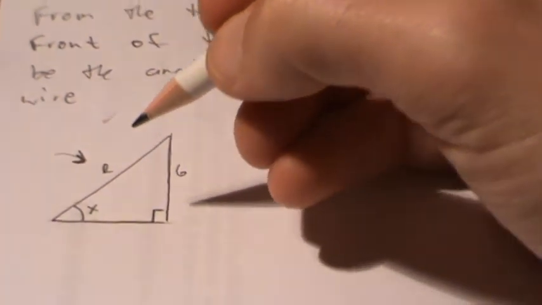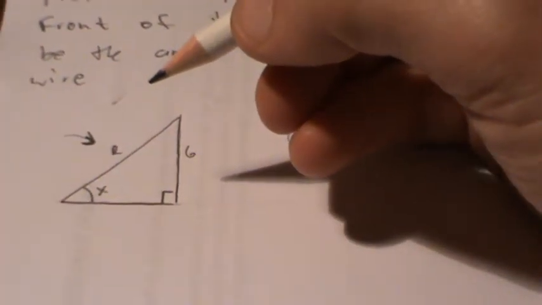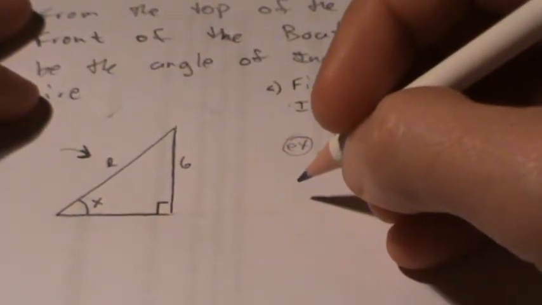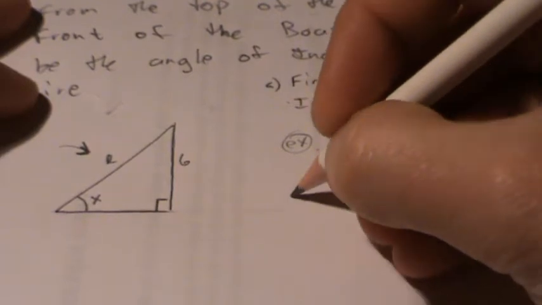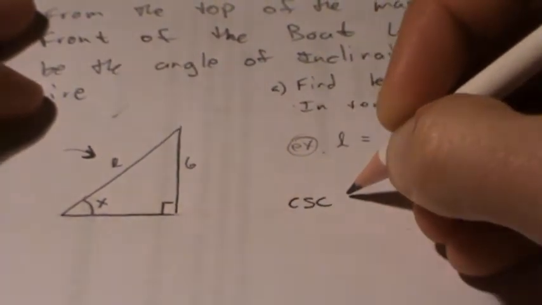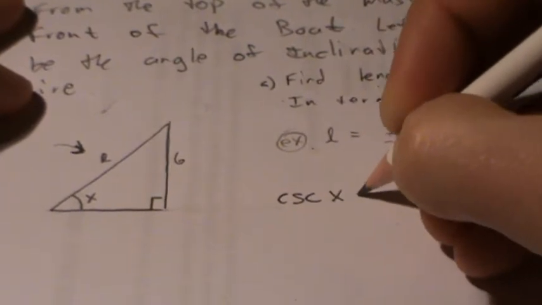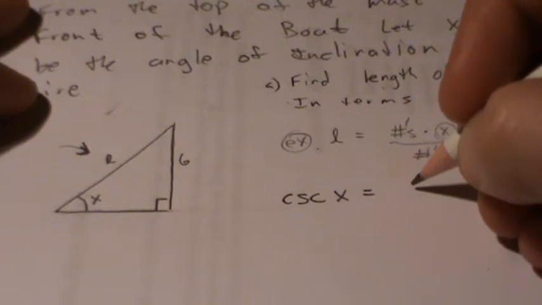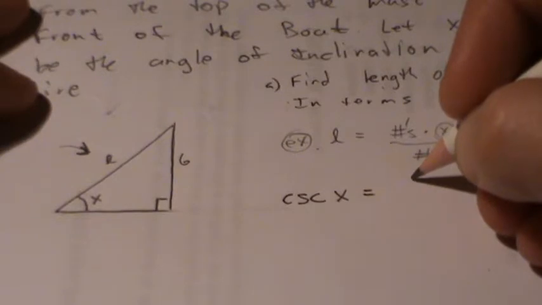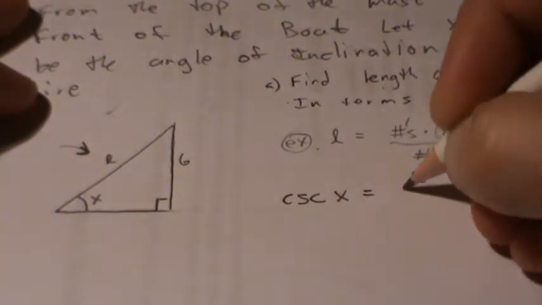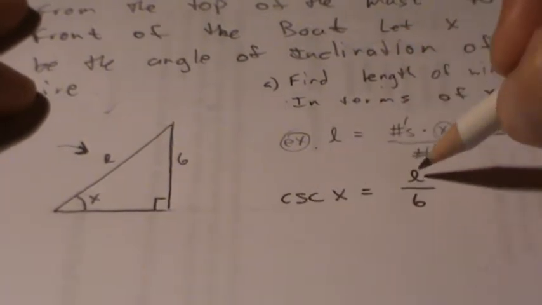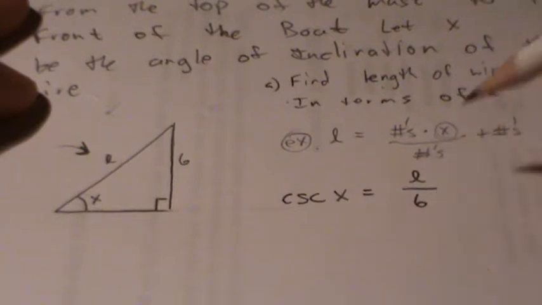I know that the cosecant of an angle is equal to the hypotenuse over the opposite. So in this case, the cosecant of x is equal to L over 6.